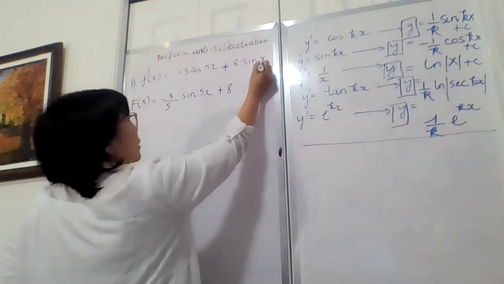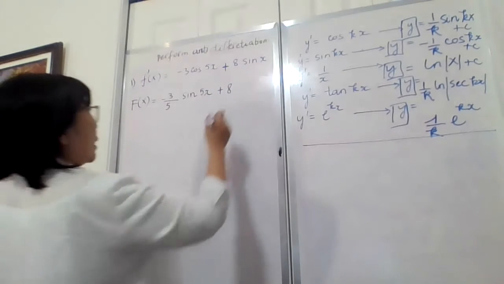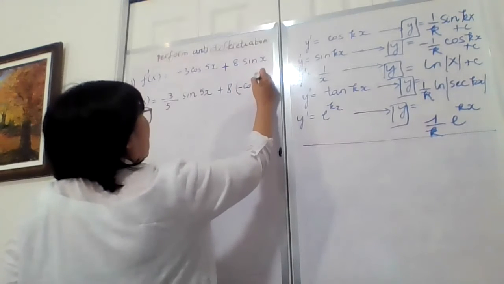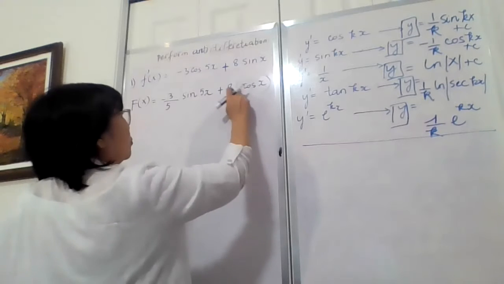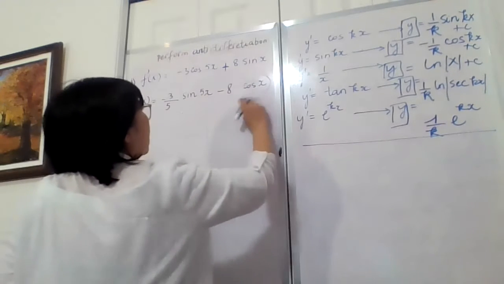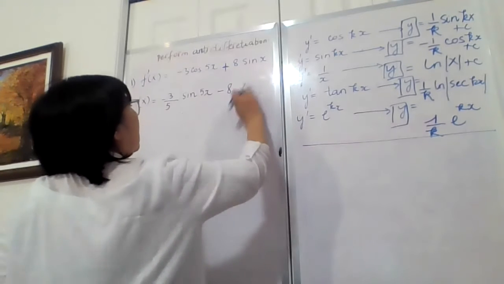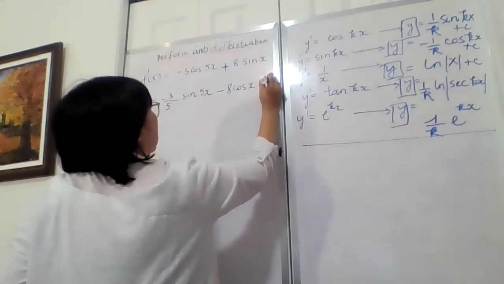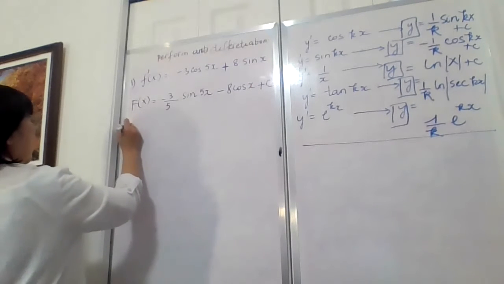The antiderivative of sin x is minus cos x, so we multiply by minus cos x. But remember, a positive times a negative becomes a negative. And we can write it like this. And don't forget plus c.